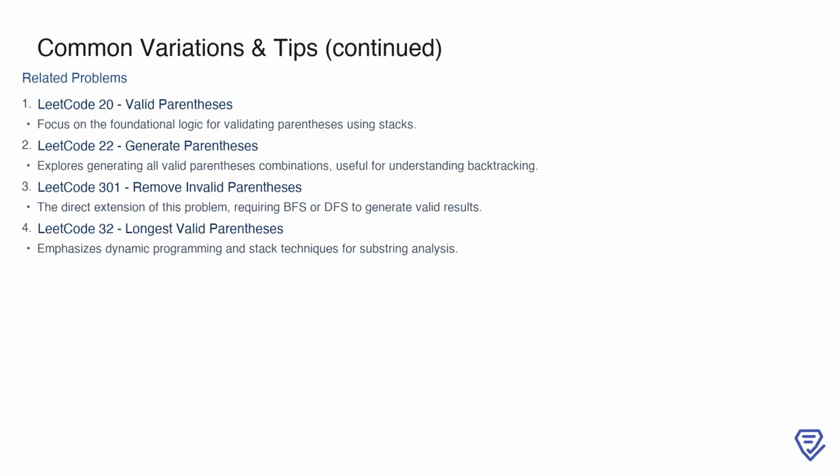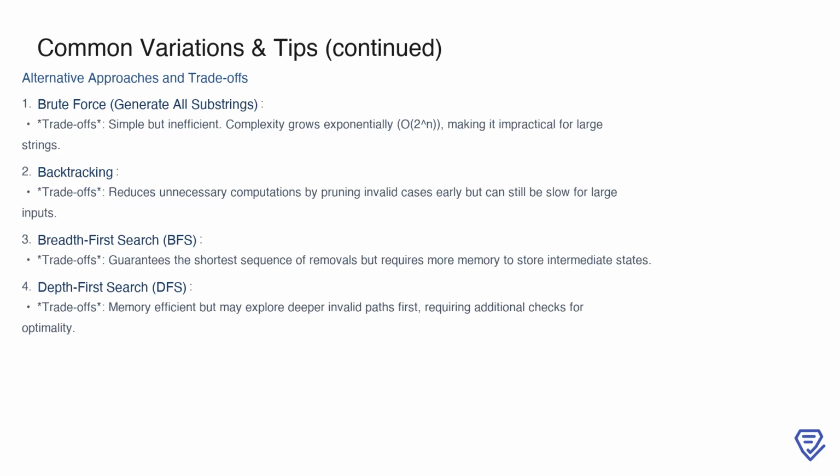LeetCode 301, remove invalid parentheses, is a direct extension of this problem where BFS or DFS is used to generate all valid results. Lastly, LeetCode 32, longest valid parentheses, explores dynamic programming and stack-based techniques to analyze substrings, broadening your understanding of similar challenges.